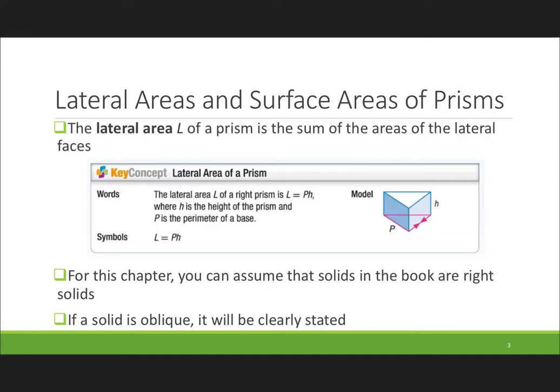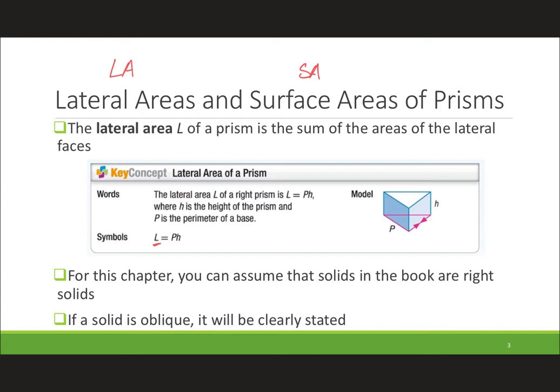Now, when we're talking about the surface area of prisms, there's actually two kinds of area. We have the lateral area and the surface area. Okay, now sometimes if you go on Google, you'll see this as LA versus SA. The PowerPoint, as you can see, just uses L. I'll use the capital letters when I'm doing 3D figures just to help distinguish it from the 2D figures.